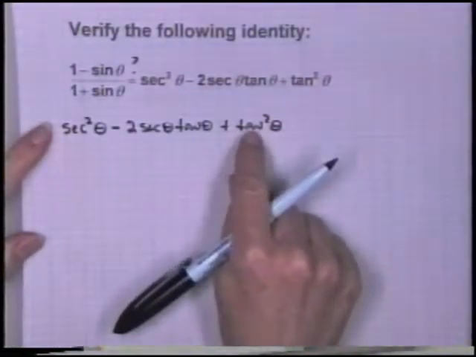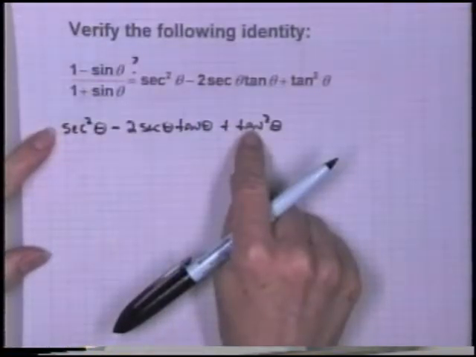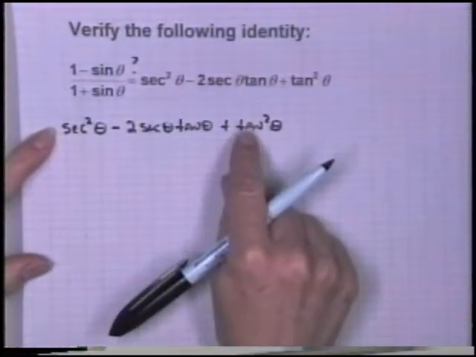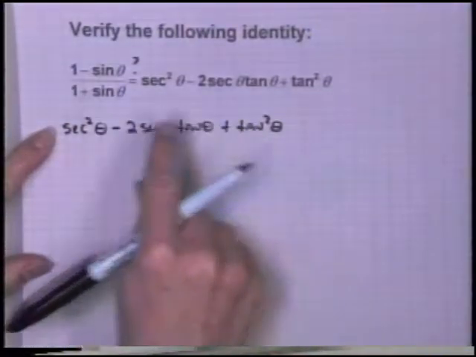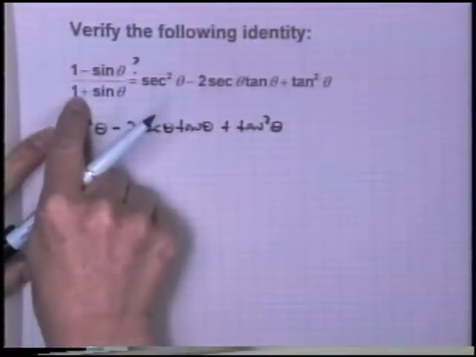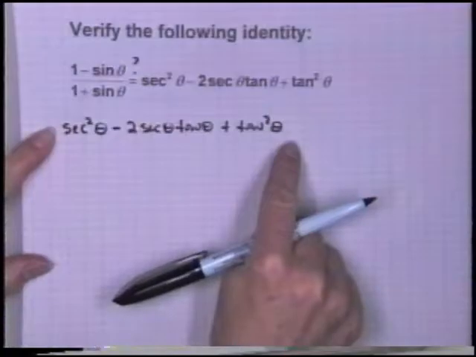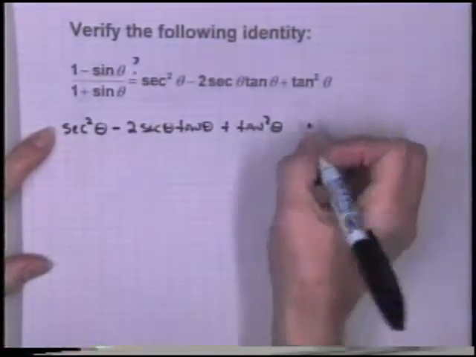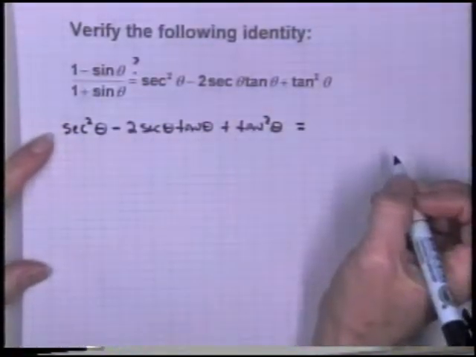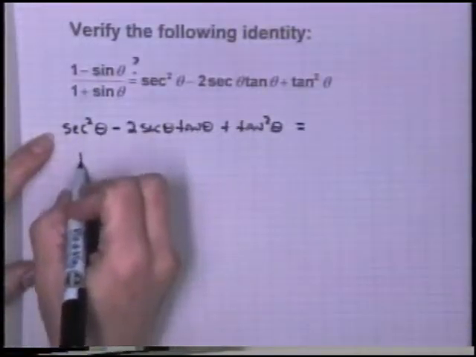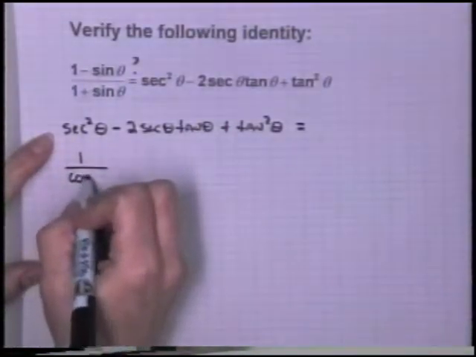Now again, there's 2 or 3 things you could do to get started on this problem. You can probably factor this like it is right now. That might be good to do. Or because I have secants and tangents here and what I'm trying to get is only the sine function, you might consider going to sines and cosines here. I think that's what I'm going to try to do before I even try to factor, just to see what happens.